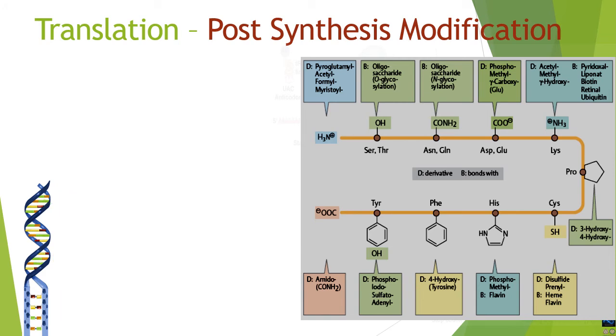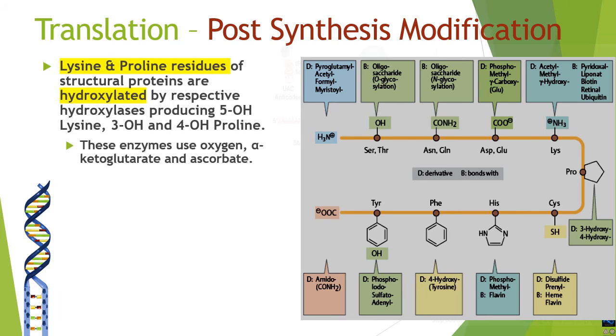Another important post-synthesis modification happens for lysine and proline. This involves the hydroxylation of these two residues in structural proteins, for example collagen. In collagen, lysine and proline undergo hydroxylation to form 5-hydroxylysine, or 3-hydroxyproline or 4-hydroxyproline.